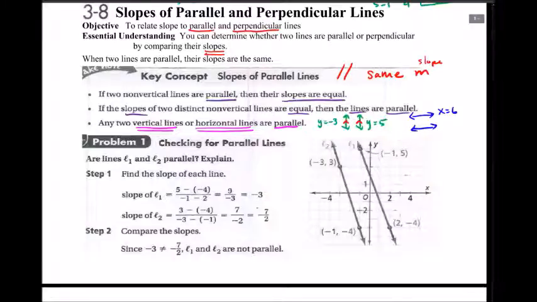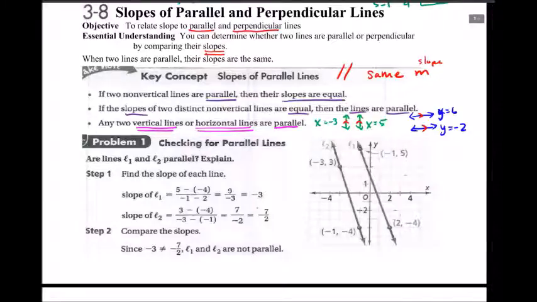I'm doing this backwards. Let me do this backwards. These are x equals. These are y equals. That makes so much more sense. And y equals -2. Any horizontal lines are always parallel.